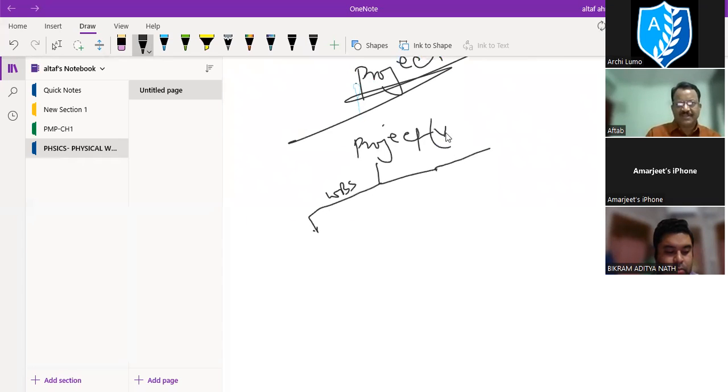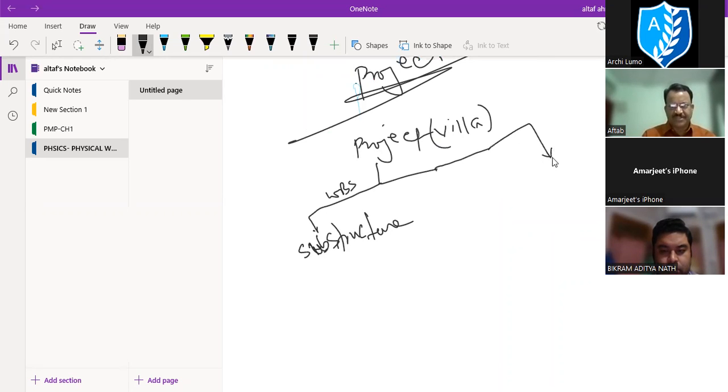Suppose there is a villa project. What will be the small constituent components of any villa? Maybe first, substructure. We can divide it into substructure and superstructure. First of all, these two.